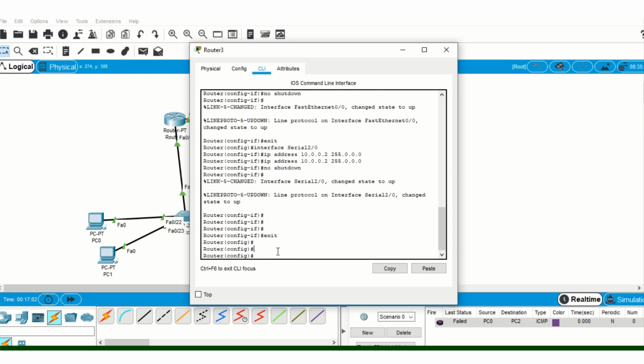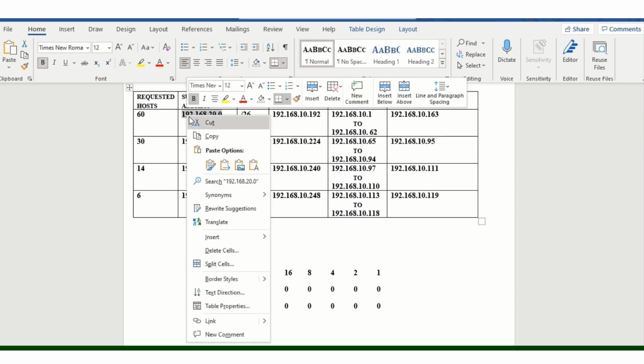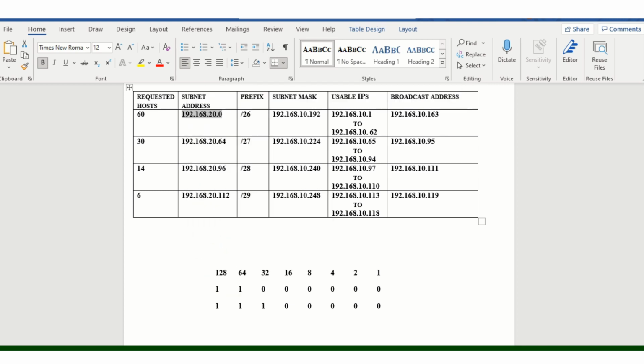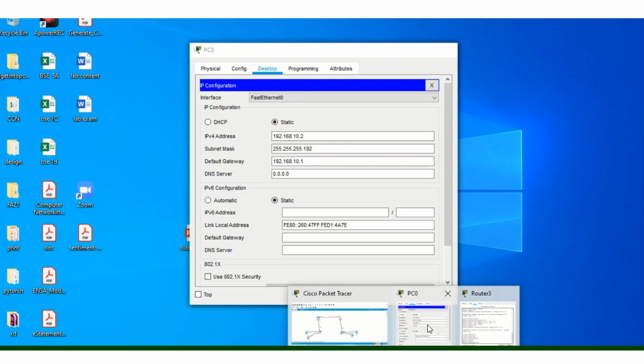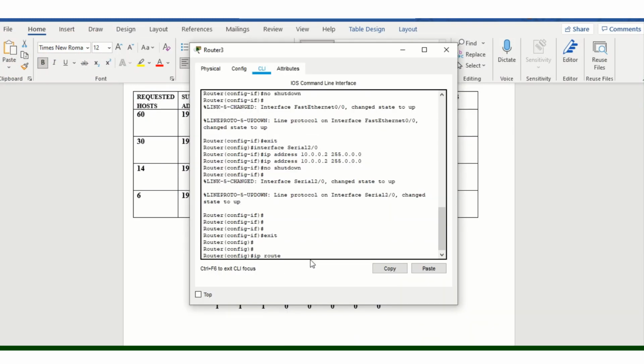It's IP route, subnet network address 192.168.20.0, copy, control P, 20.0 and 255.255.255.192.